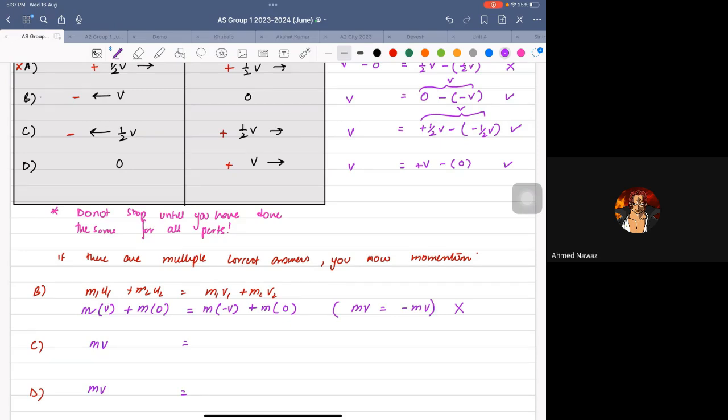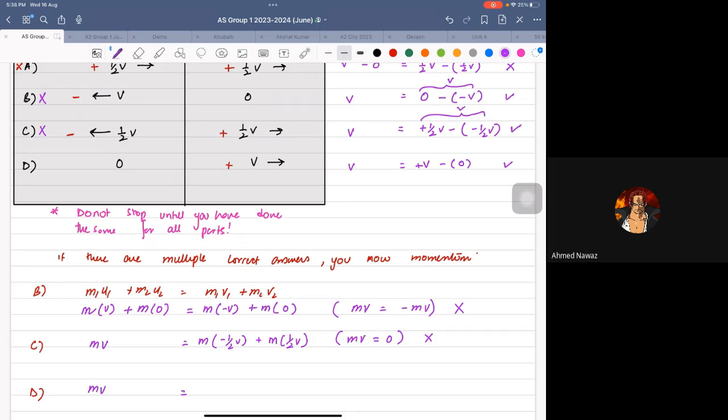So B is incorrect. Now check C: m times minus half v plus m times plus half v. They cancel out and give mv equals 0. Again, this is incorrect because it breaks the law of momentum, and that cannot be broken. So C is also wrong.